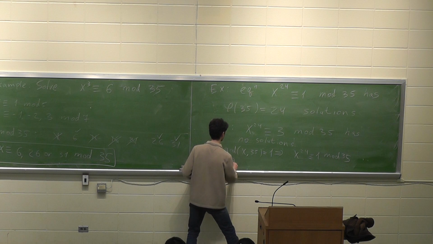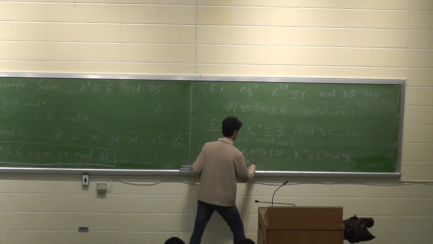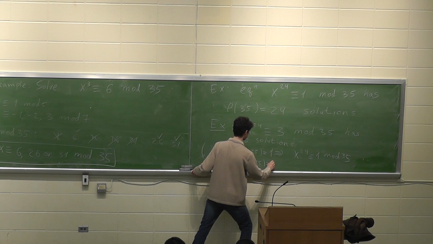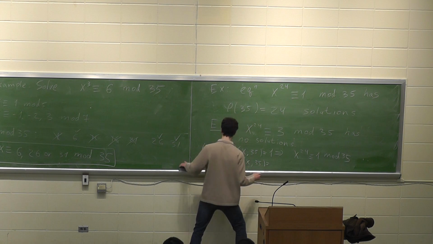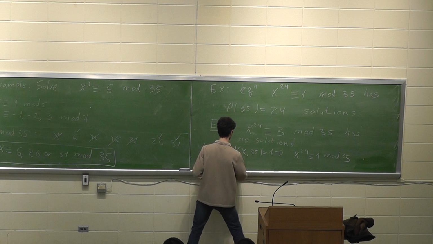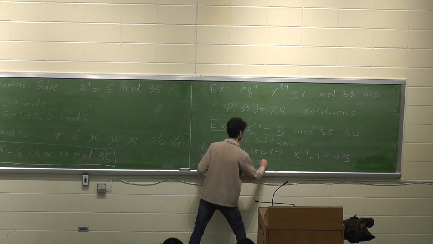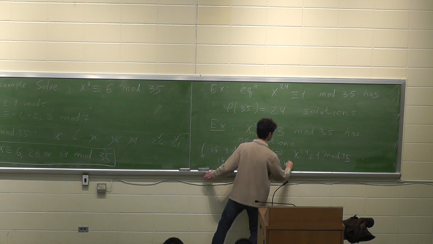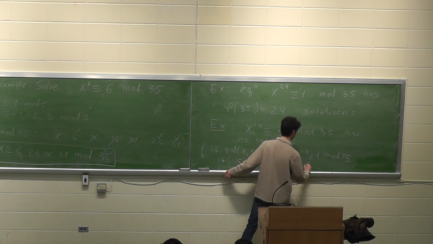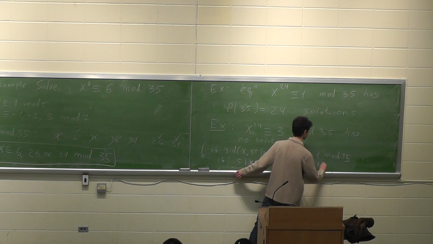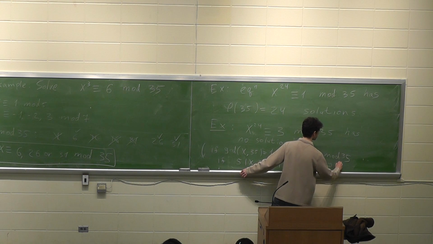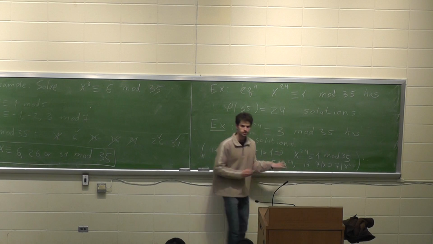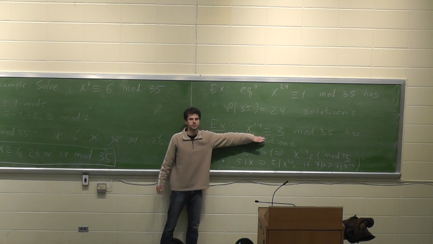If 5 divides x, then 5 divides x to the power 24, and if 7 divides x, then 7 divides x to the power 24. None of these possibilities is compatible with this condition.